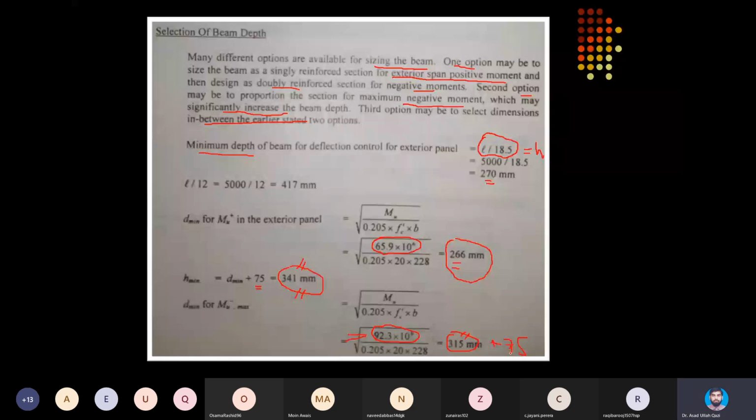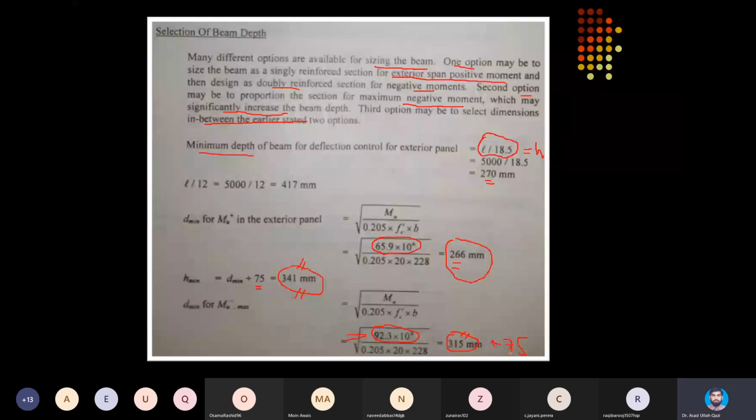First is span by 4, span of the beam divided by 4 for interior beams, which comes out to be 1250 as BF. Second is 16 times the slab thickness. It means 8 times the slab thickness on either side, 8 HF, 8 HF.